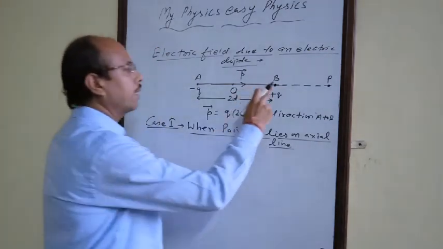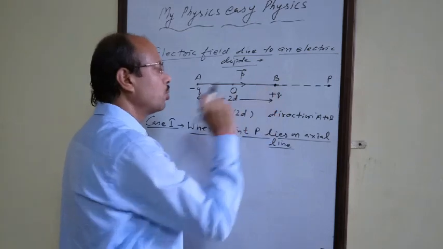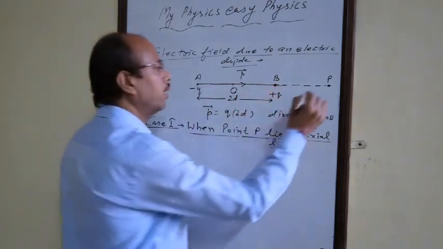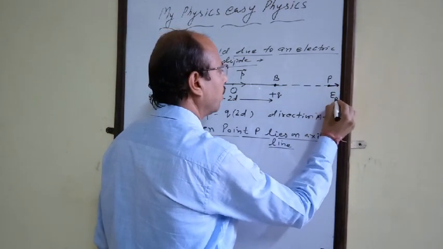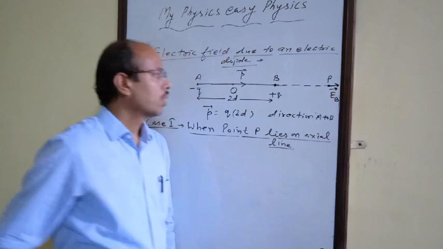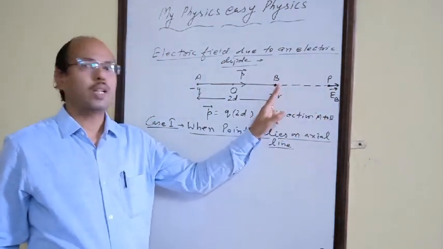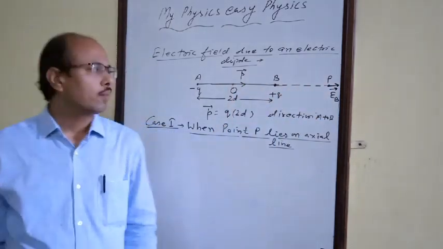Therefore, the electric field at point P due to the plus q charge situated at B will be in this direction. This is EB. The electric field at point P due to the plus q charge situated at B is denoted by EB.